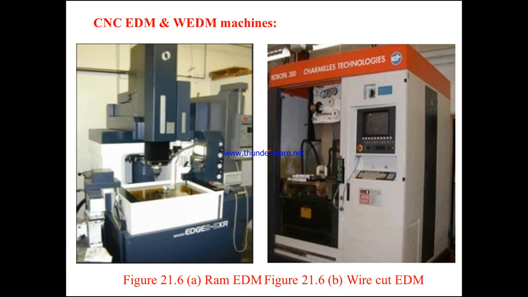For example, cast iron cannot be machined very easily because of its hardness, so cast iron material can be machined easily by using electrical discharge machining here. It is a non-traditional machining method used for machining hard metals that cannot be machined by traditional machining methods.